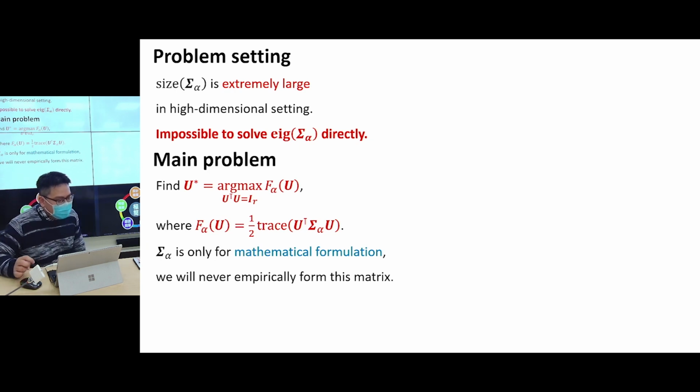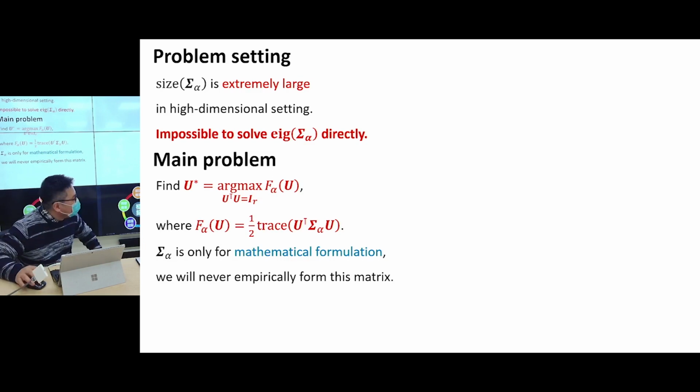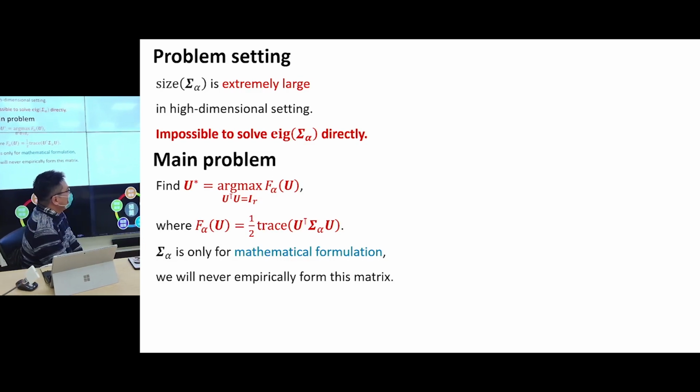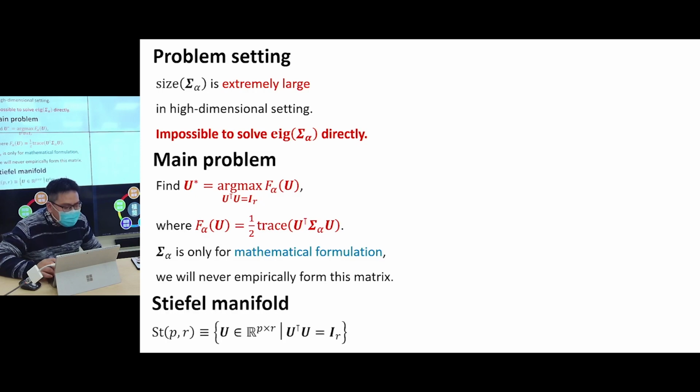Here U star is the maximizer that maximizes F_alpha. F_alpha is equal to this formula, one half trace of U transpose Sigma_alpha U, and U is constrained on the Stiefel manifold, that is, U transpose U is equal to the identity.